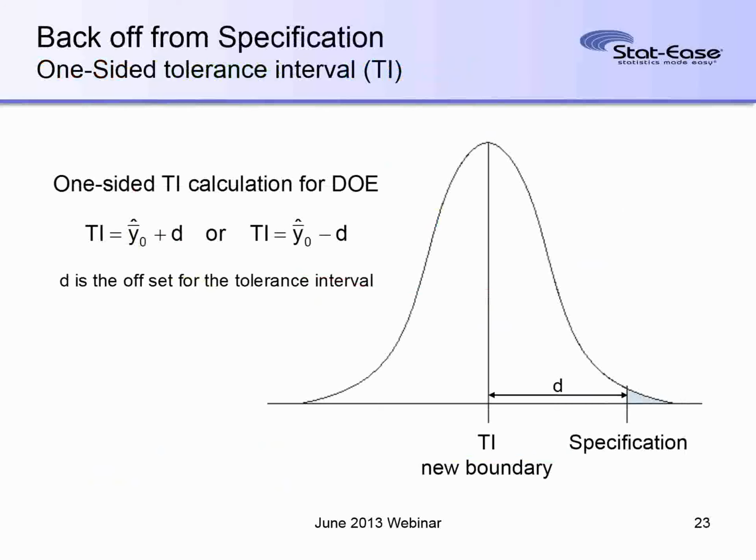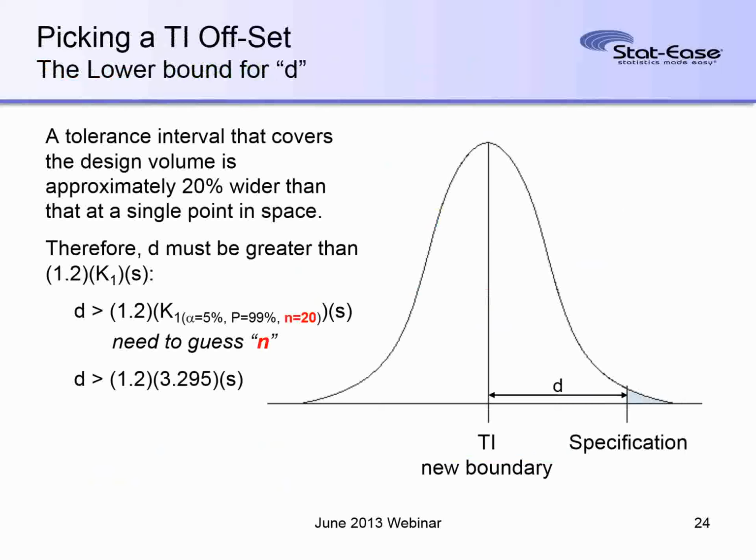Quite often, the tolerance interval makes more sense done as one-tailed. You have a limit you don't want to go above, or you don't want to go below. So the one-tailed interval will exist as your predicted outcome at a certain location plus or minus that requirement that you would set. So that 20% rule is how we use to calculate.